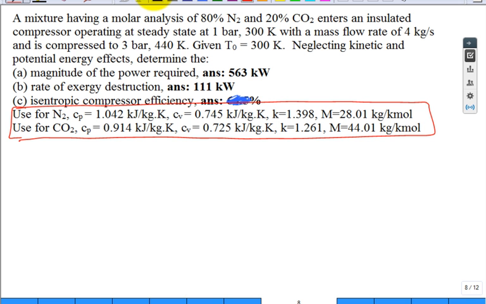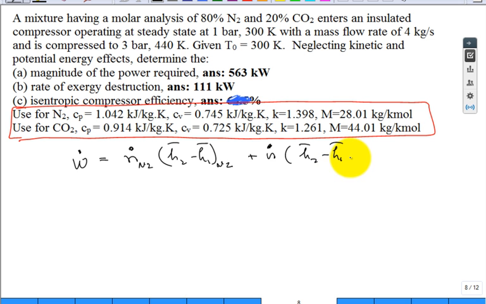So, since we're familiar with the problem, how does it change our equation for the power for that compressor? Let's say that we still were able to calculate the molar flow rate of the nitrogen. We want to get that change in the enthalpy of the nitrogen, right? The H2 minus H1 of the nitrogen. And then we had the molar flow rate, this is bar, and then H bar 2 minus H bar 1 of the carbon dioxide, CO2.